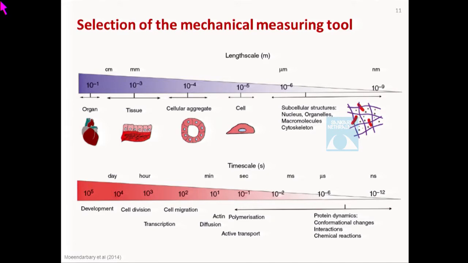Now, if you want to understand what kind of tools to pick for measuring mechanical properties, you have to understand the length scales. Here, this shows starting from organ all the way to intracellular components. The cells are typically of the order of tens of microns. Okay? And you also have to understand the time scales.